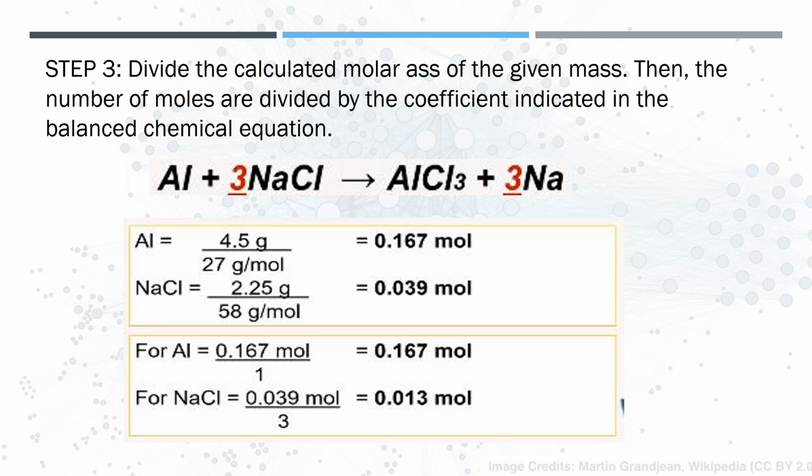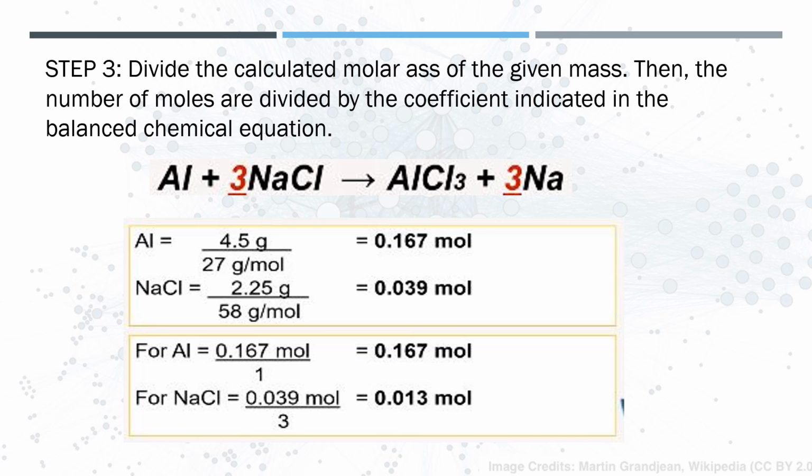So 4.5 grams divided by 27 grams per mole equals 0.167 moles. In the sodium chloride case, we have 2.25 grams, the given mass of the sodium chloride, divided by the molar mass of 58 grams per mole, which equals 0.039 mole.